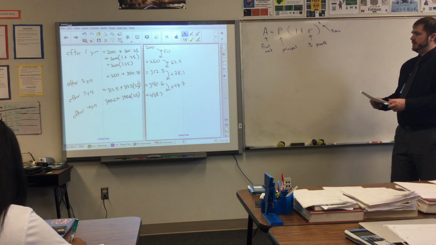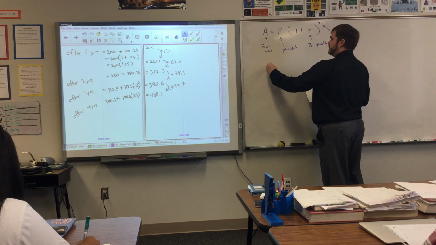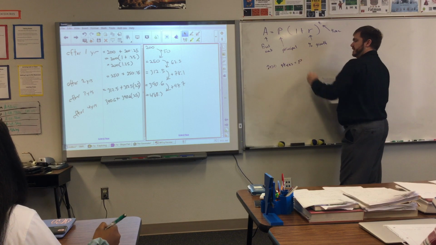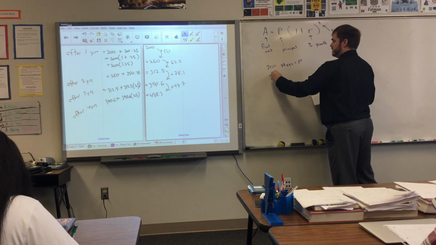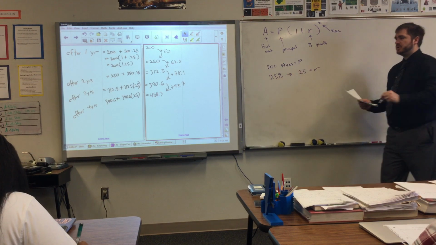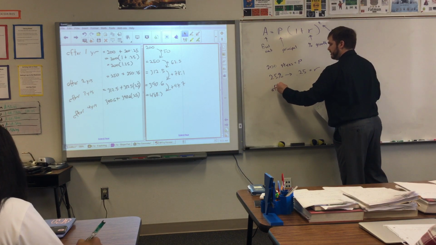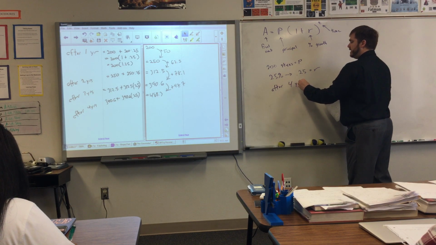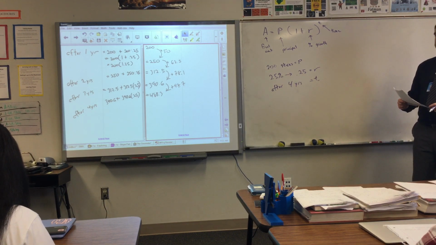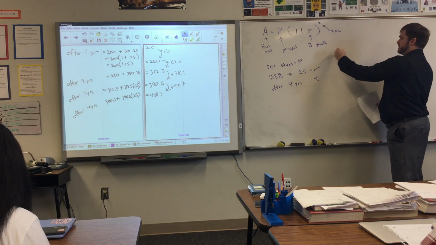So let's see if we get the same answer here. You start off with 200 stores. That's our P value. 25%, so that would be 0.25 is our r value. After 4 years, that's our t value. Let's plug it into the formula.